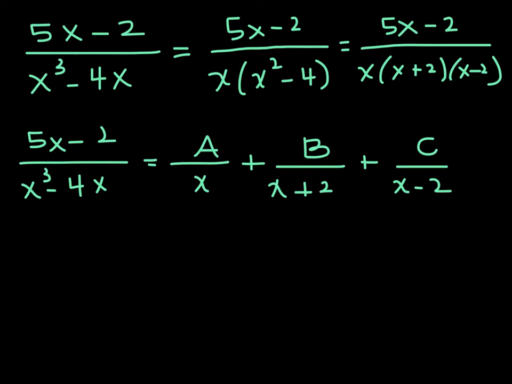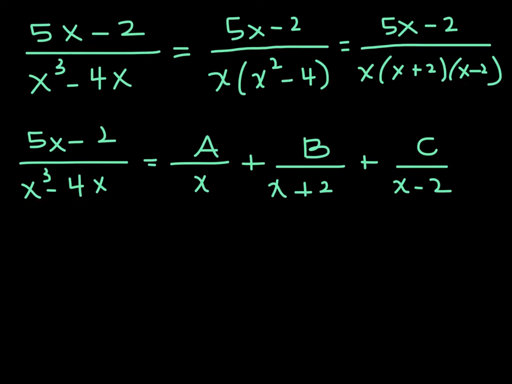I'm going to use the same algebraic technique that I used in the previous example, which was to multiply both sides of this equation by the LCD. Notice that the LCD is basically this denominator here, which in factored form is x times (x + 2) times (x - 2).